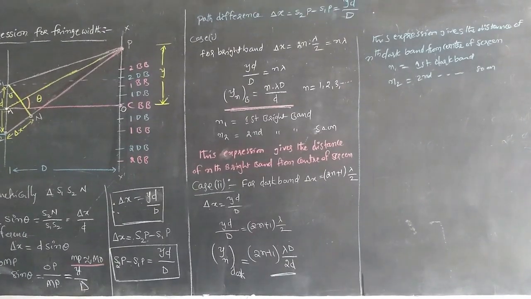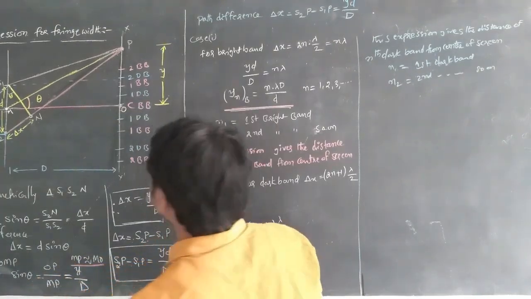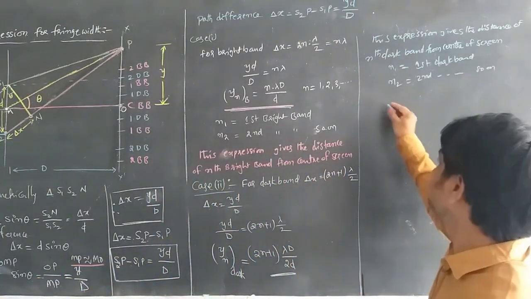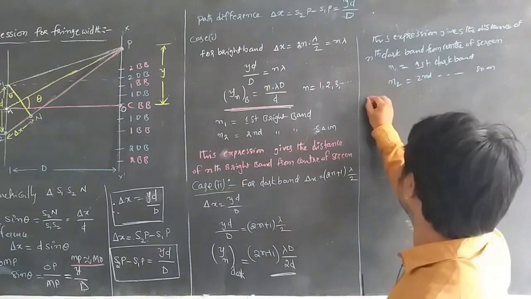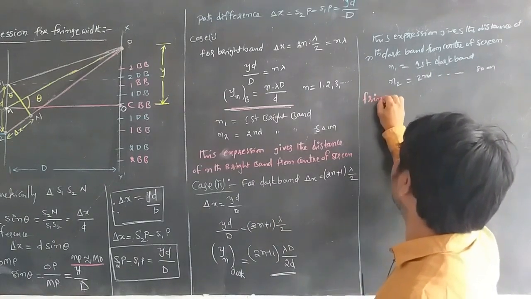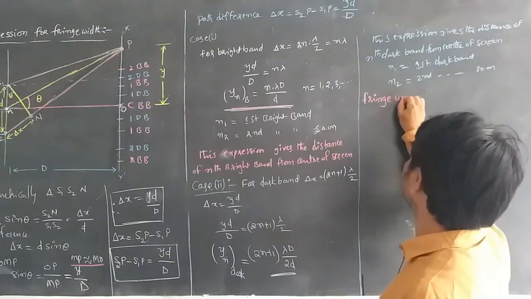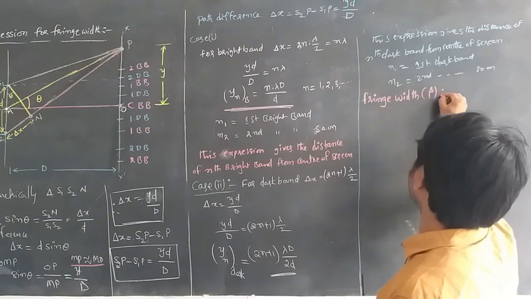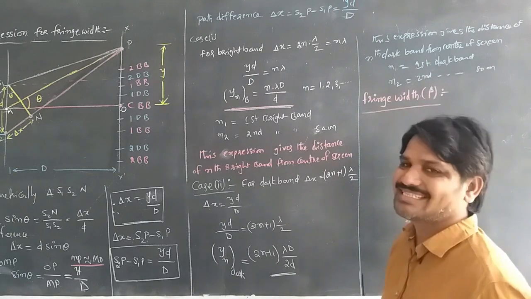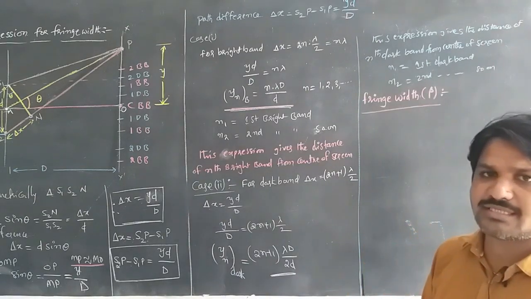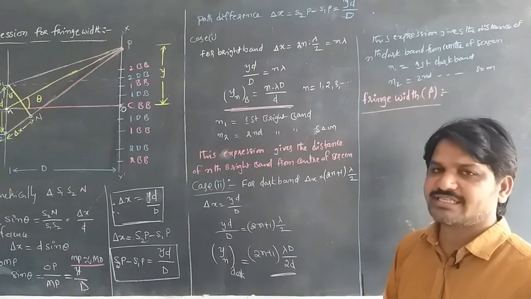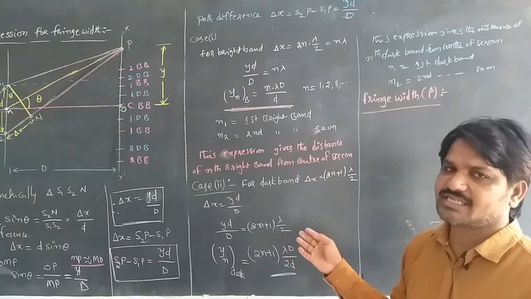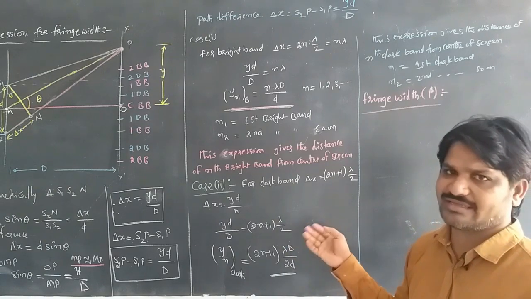By using these equations we can find them. So next we are going to know what the fringe width is. Fringe width is denoted with beta. Fringe width is nothing but the distance between two successive bright bands or fringes. Here the bands are called fringes.